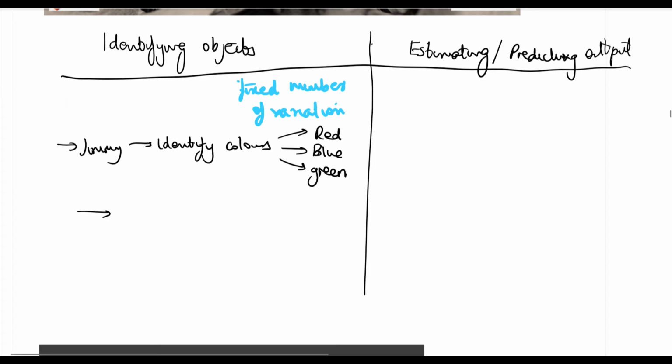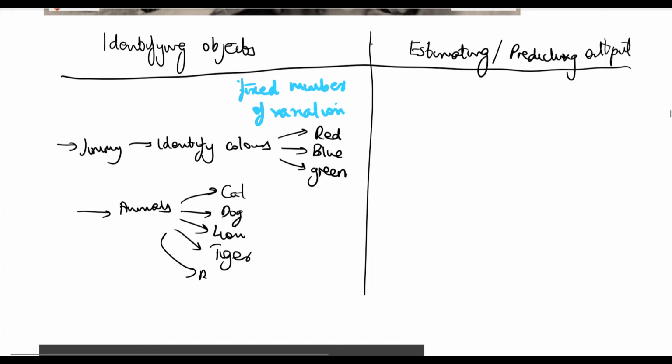Suppose he had another competition where he had to identify the different types of animals. So for example, a cat, a dog, a lion, a tiger. He could also have an option of identifying birds. Now birds themselves have separate, distinct variations, such as a parrot, a sparrow, a crow, or a pigeon.